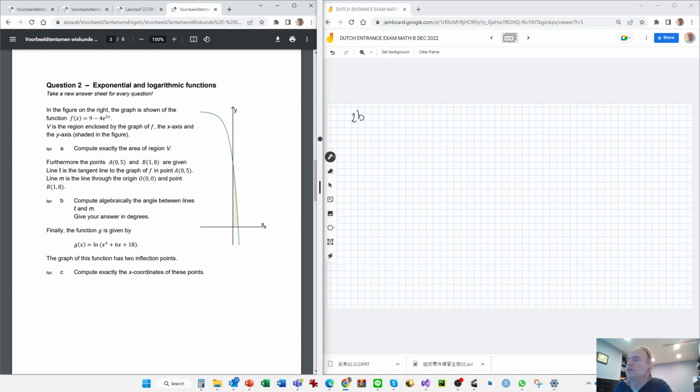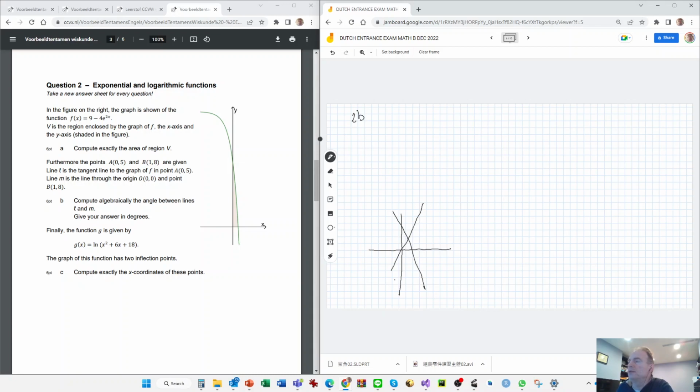So it will be something like, and I'm very bad at drawing, but you will have one line, say, that will go down, and another line that will sharply go through the origin and 1,8, so something like this.